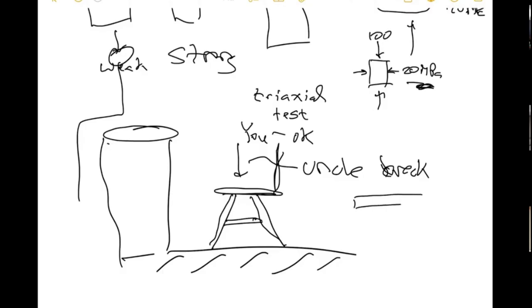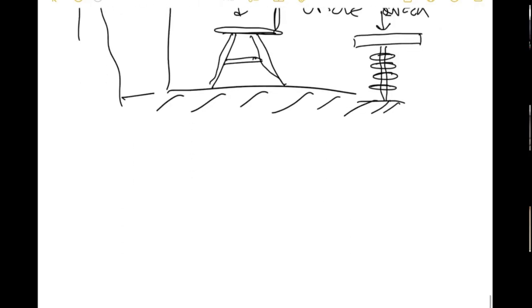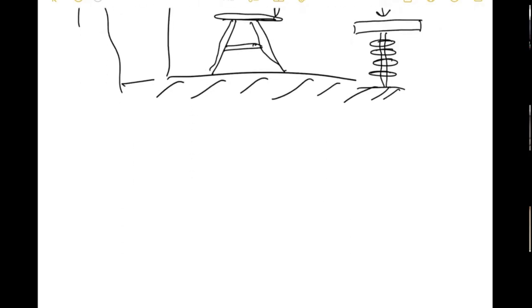Let's say the chair leg was a thin thing like this, perfectly balanced so that it was going to break. And what if you put bands of steel around it? I would argue that that would reinforce it and it would be stronger.